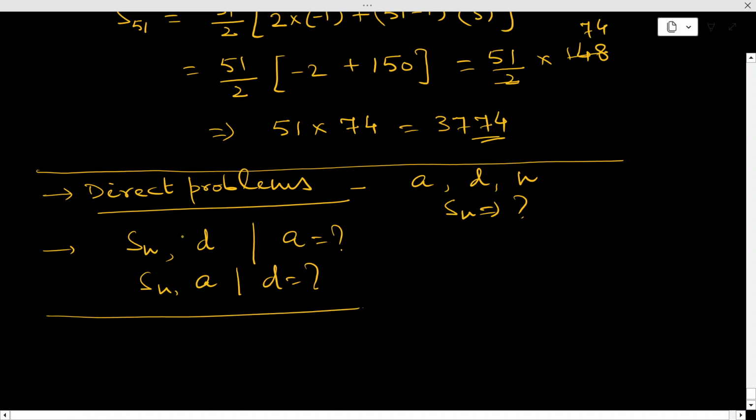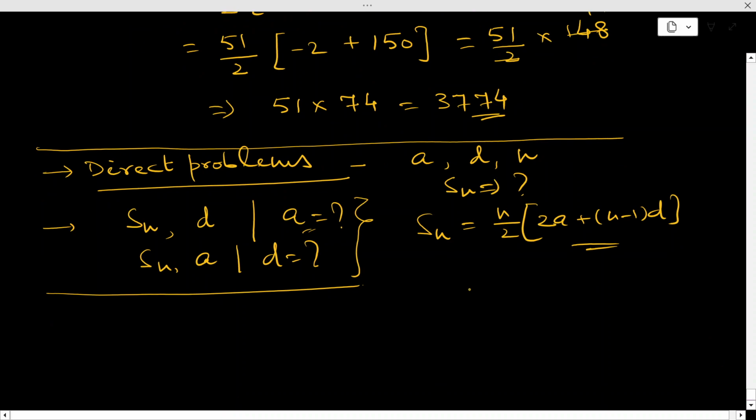So again in this case we have to use the same formula, means Sn is equal to n by 2 into 2A plus n minus 1 into D, and we will obtain the missing value. Means if we have to find out A, then we can obtain the value of A, and same for D.